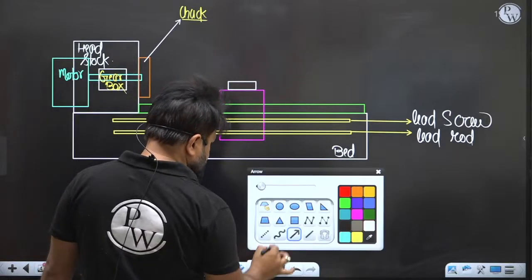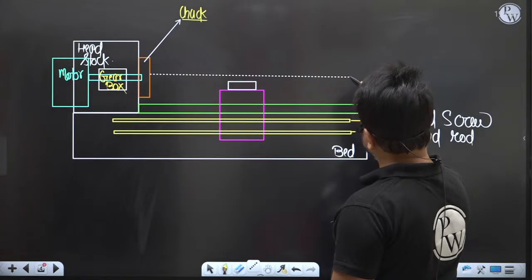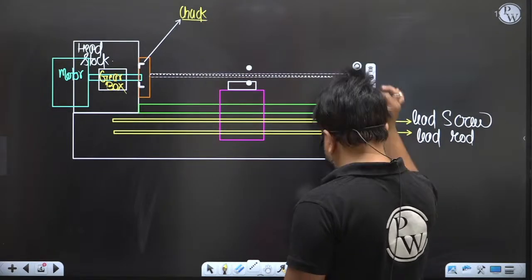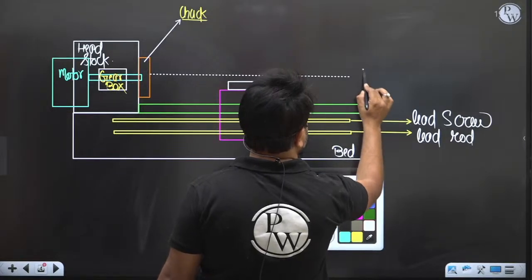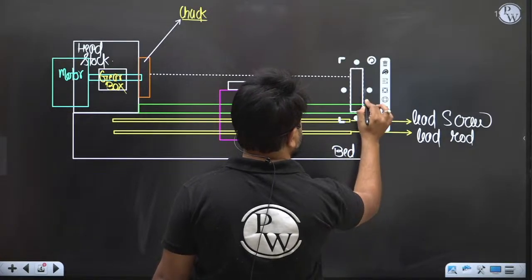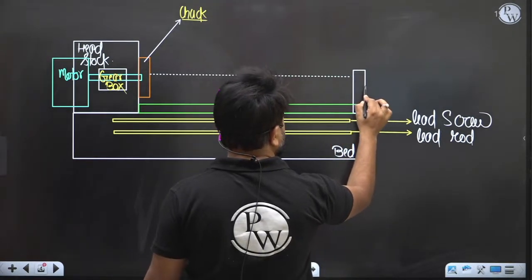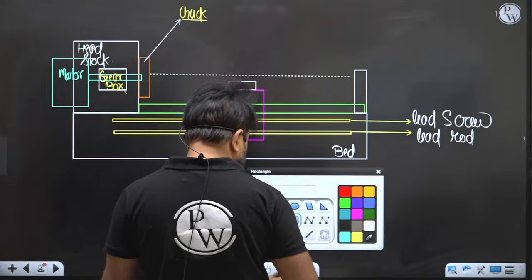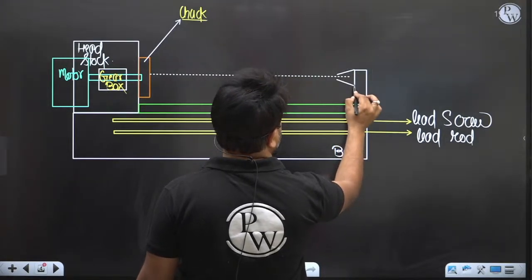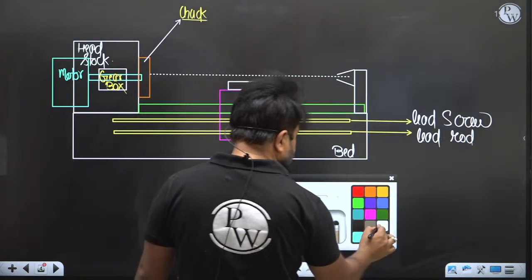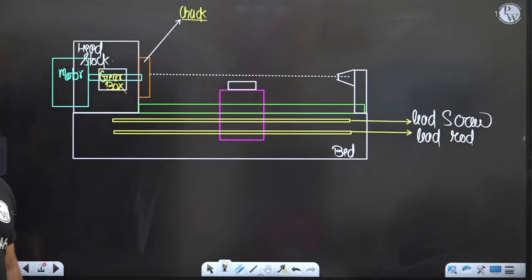And let me draw here. There is one more thing which is known as the tail stock. There will be a tail stock. This is the tail stock.